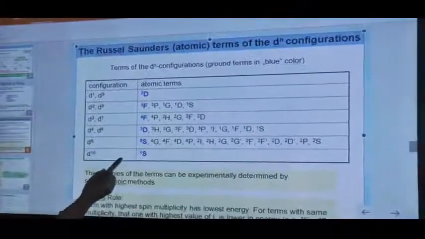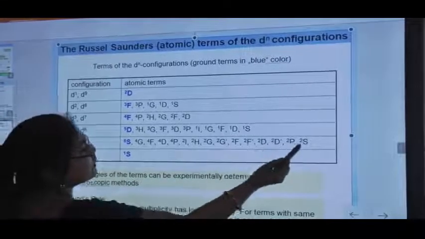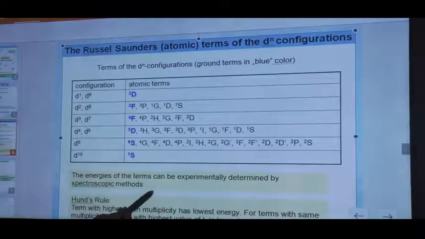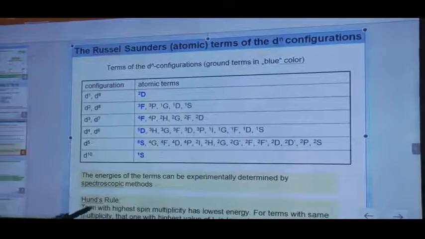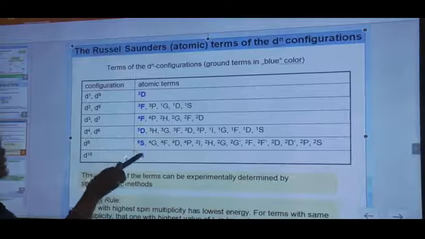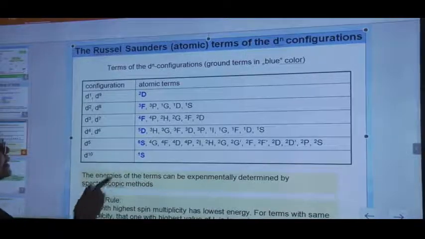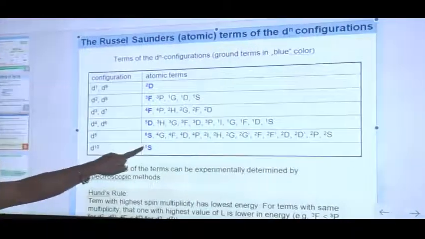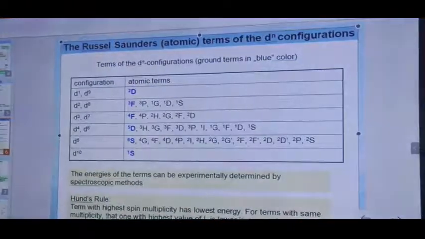So, you see here there are so many terms where the L value for G is maximum, but that is not the ground state. We have the ground state 6S. Now, 6S is a state with the highest spin multiplicity, though the S orbital has L value 0.